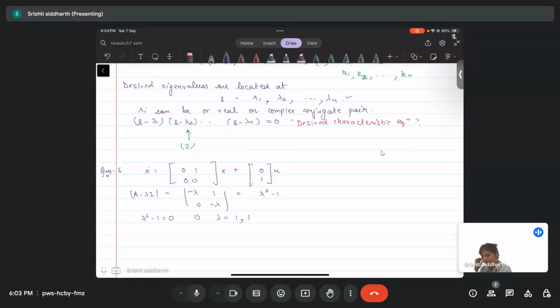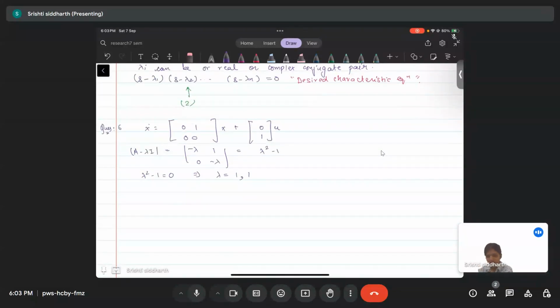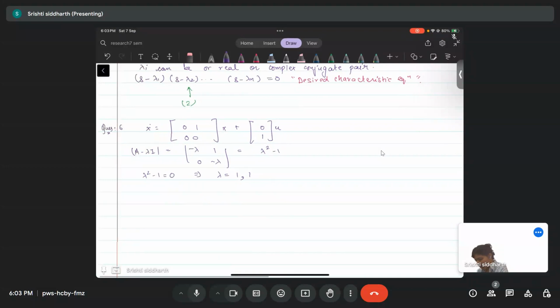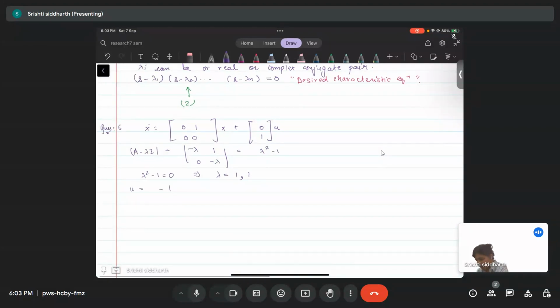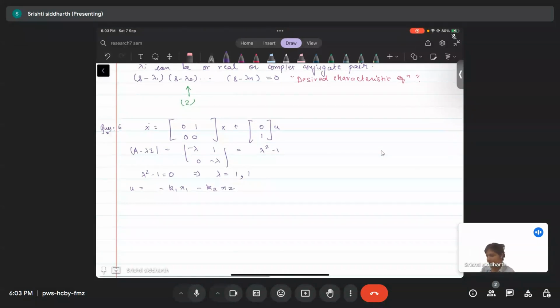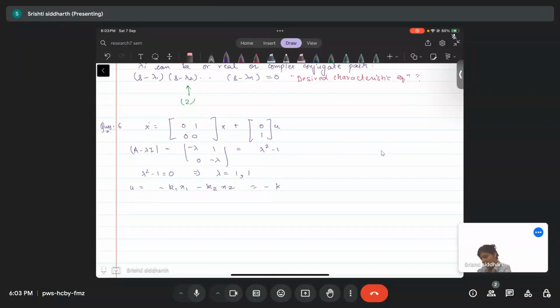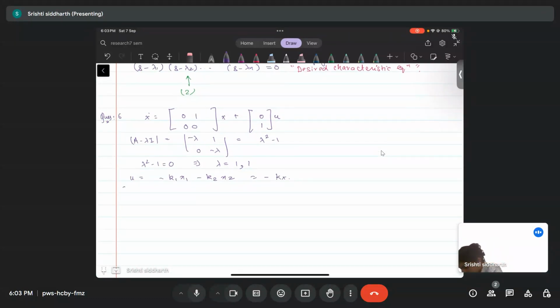Let's say that to place these eigenvalues at some desired location, we have this feedback control law, minus K1 x1 minus K2 x2. This is some vector times x, and then the closed loop system becomes A minus BK times x.